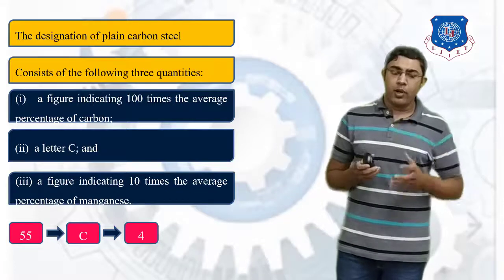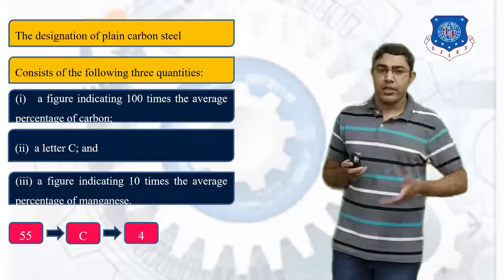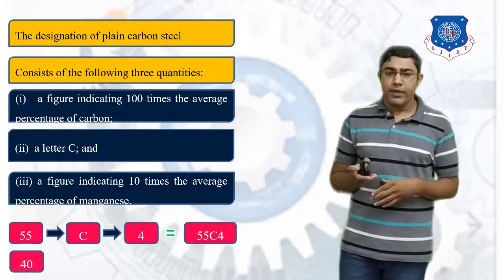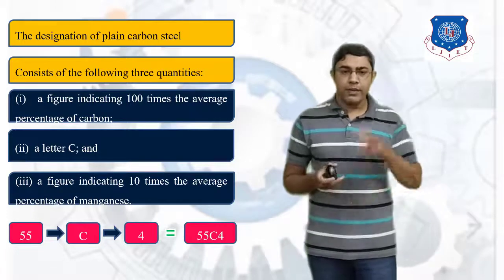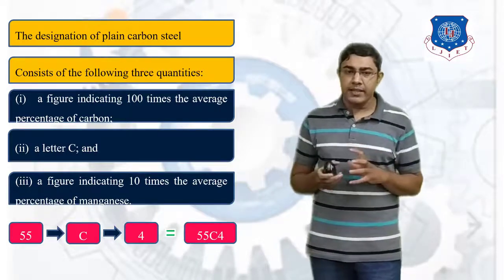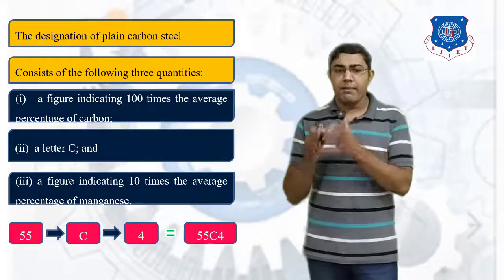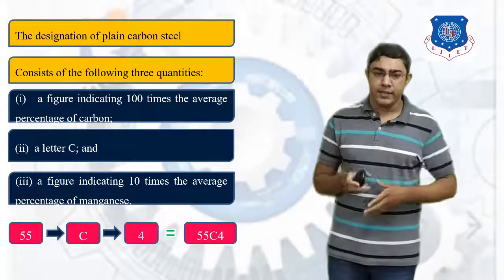So 4 means 0.4% manganese is used in plain carbon steel. So it is equal to 55C4. So 55C4 indicates the plain carbon steel with 0.55% carbon and 0.4% manganese.